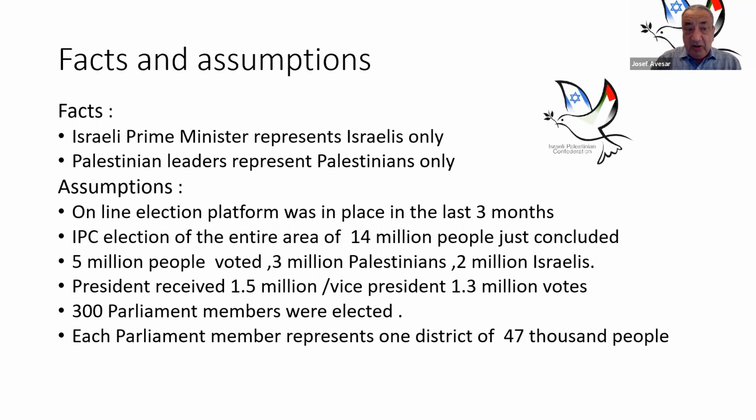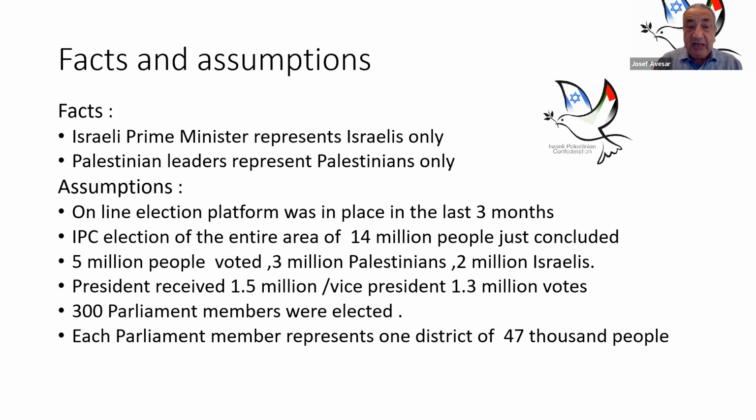I don't think anybody would agree with these facts. However, in order for this simulation to work, you will have to assume certain things, and at the end of the simulation, you can challenge those assumptions. But for the purpose of the simulation, in order to make it successful, I'm asking you to assume these things.